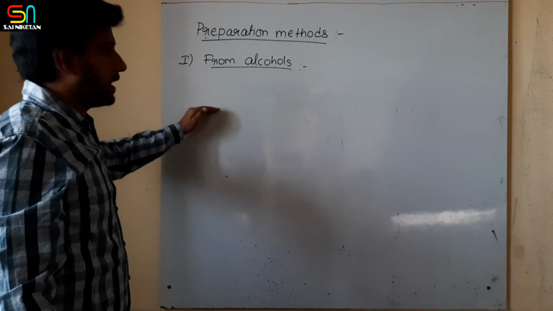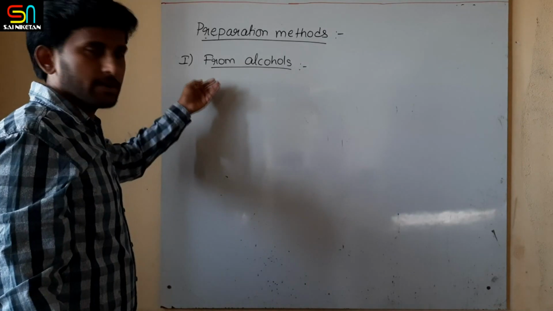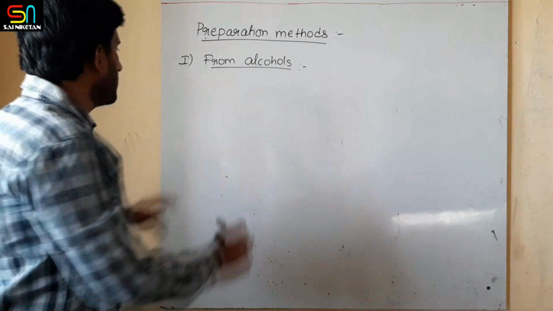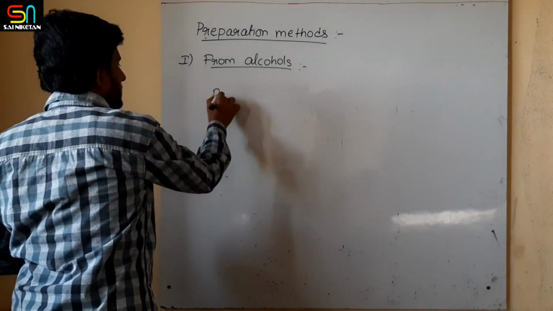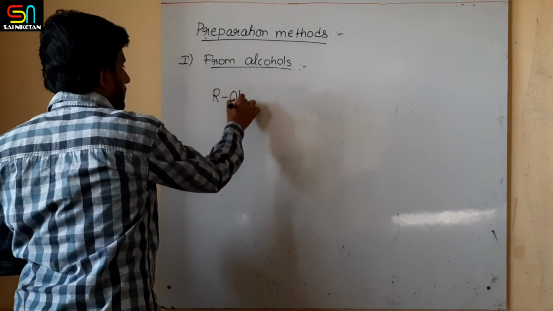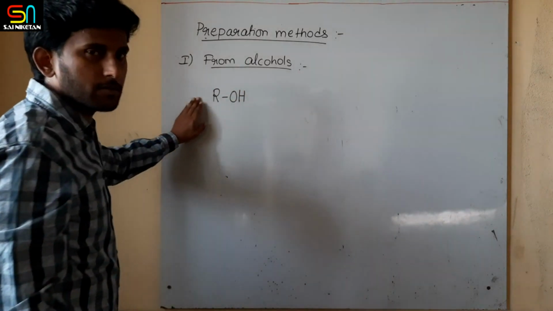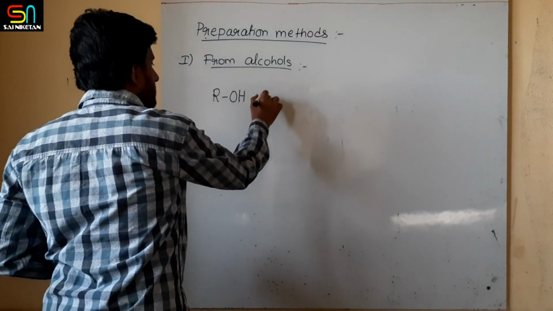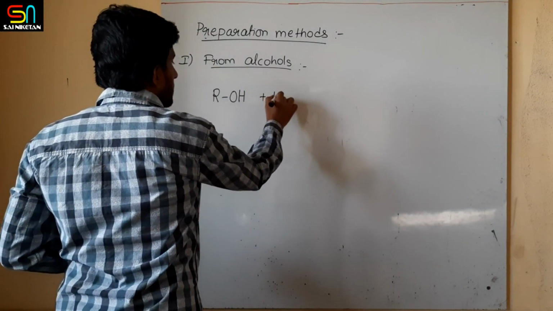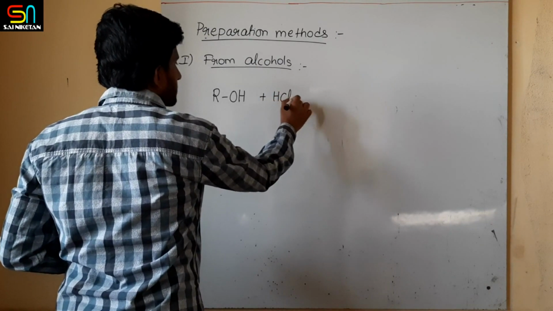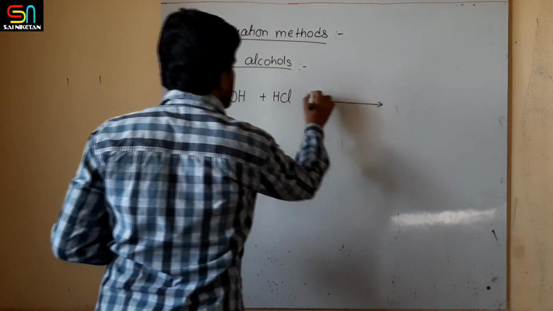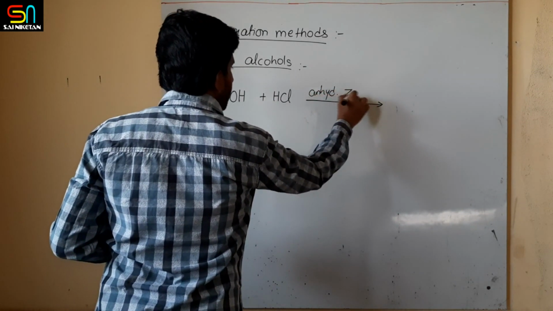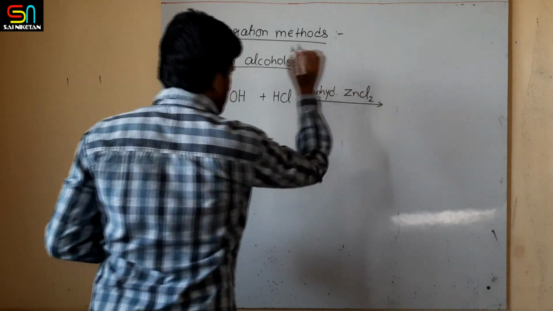So we have different reagents or different methods by which you can obtain alkyl halides from alcohols. I am writing the general formula of an alcohol, ROH, plus HCl with anhydrous ZnCl2.